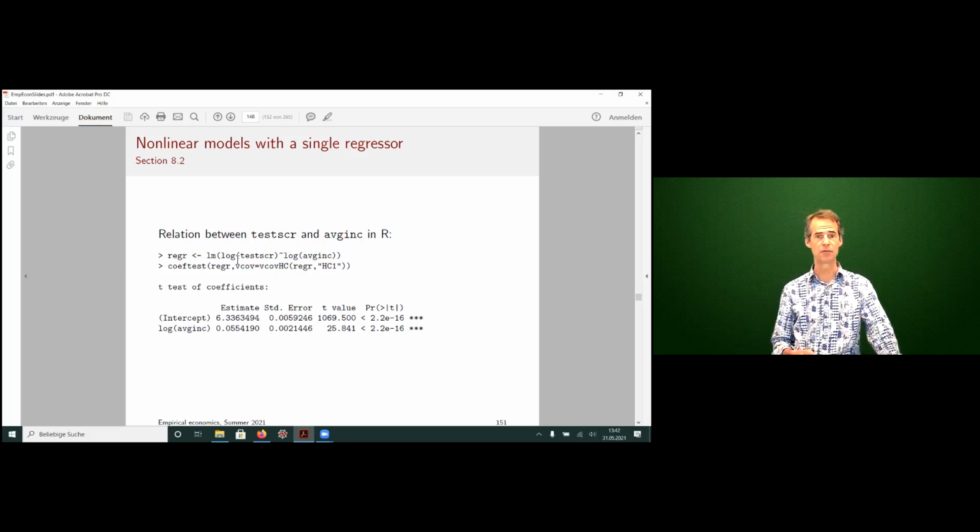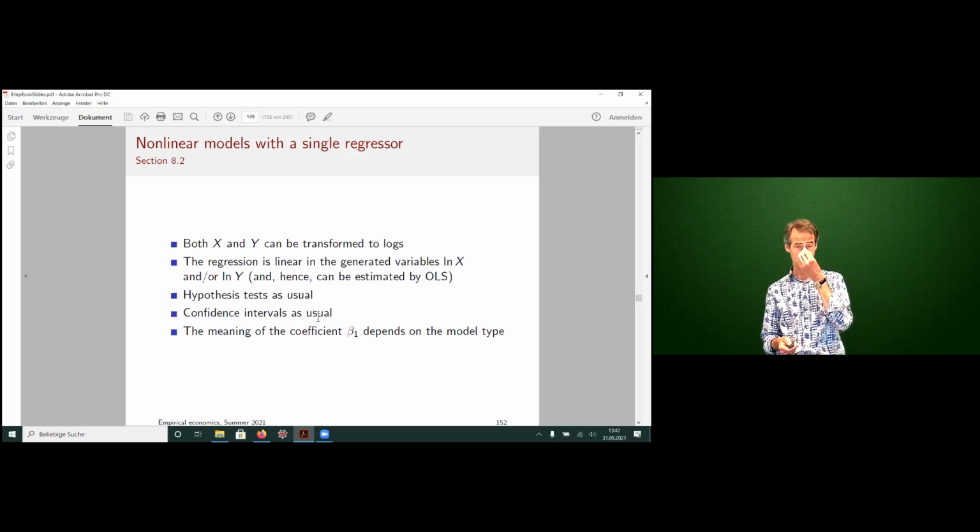We only need that for polynomials and some other transformations, but for the moment it's only for polynomials. So here we just include log of test score and log of average income. We have our regression object, reg-R, and we use the coeftest command to find the standard errors, t-values and p-values. So here we have this change.